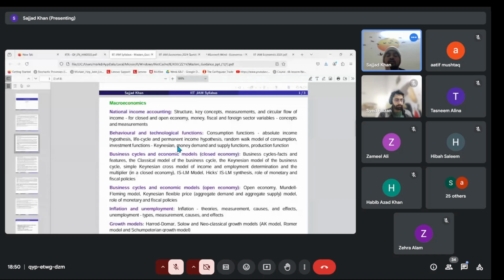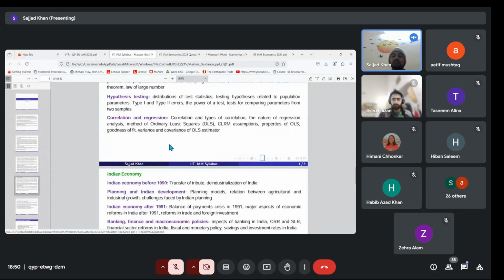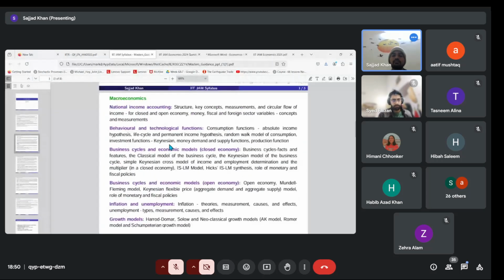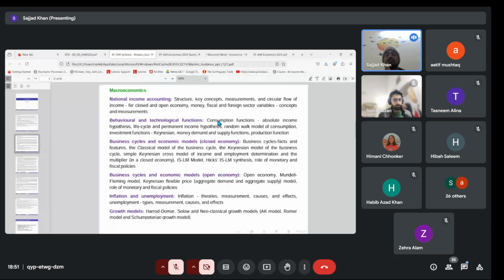So we have to get knowledge about the fundamentals of the classical and Keynesian: what was the difference in the long run supply curve and demand and supply curve, and what was the fundamental difference between classical and Keynesian. So different types of view. I think Achalo put a beautiful view for this comparison between Keynesian and classical.